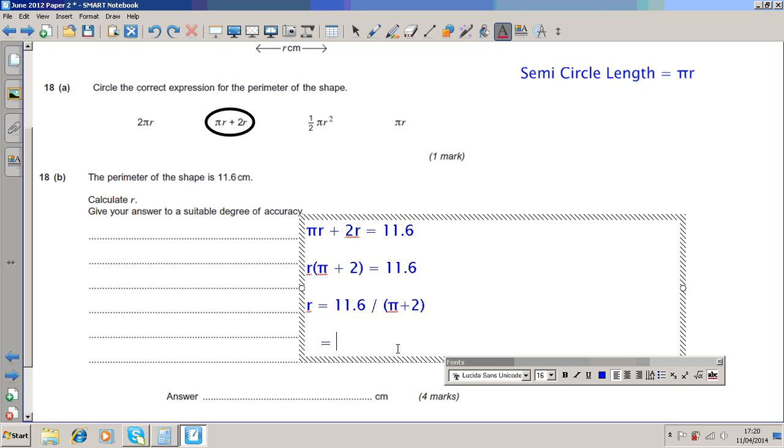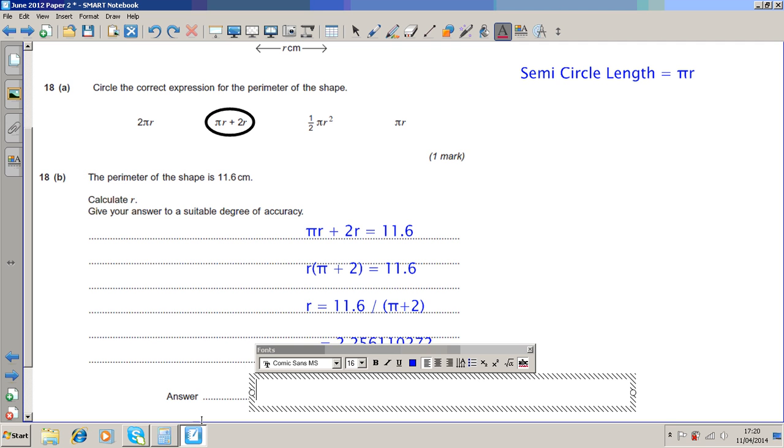So give your answer a suitable degree of accuracy. Well, the question's to 1 decimal place, so I'll probably do the same thing. So first job is 11.6 divided by pi plus 2 is going to be 2.256110272.